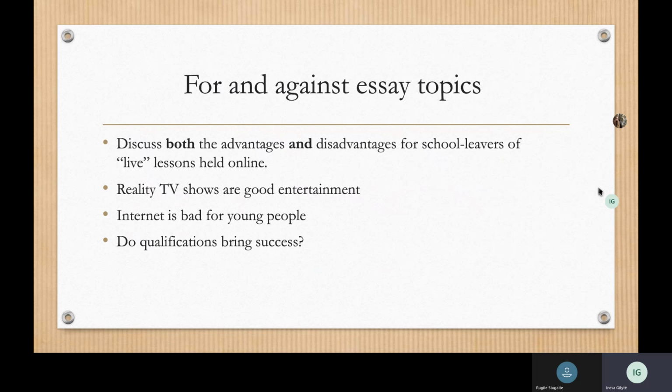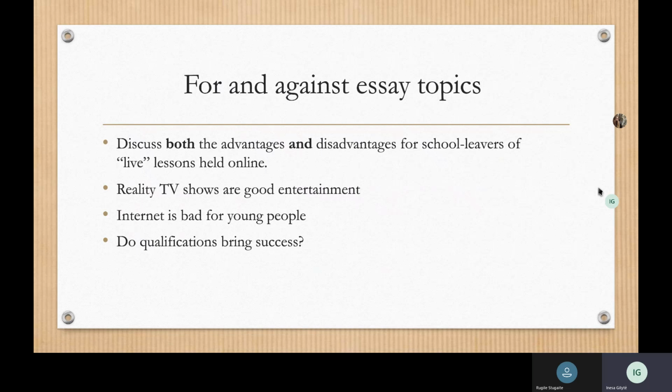However, if you're asked to give both positive and negative meanings or positions, then you write a for and against essay. There are some more examples, such as reality TV shows are good entertainment, so it means that you have to discuss they are good entertainment because, and they are not, or bad entertainment because.